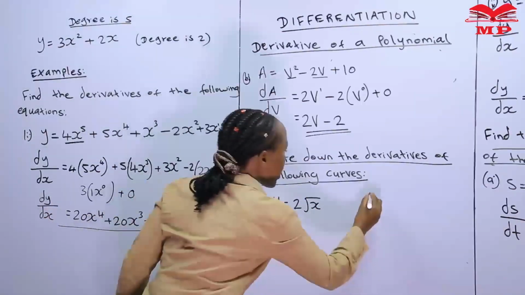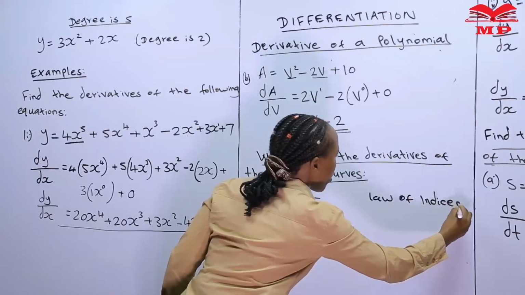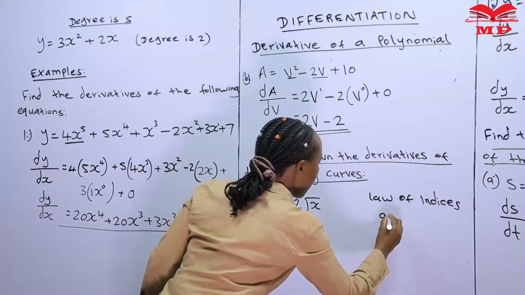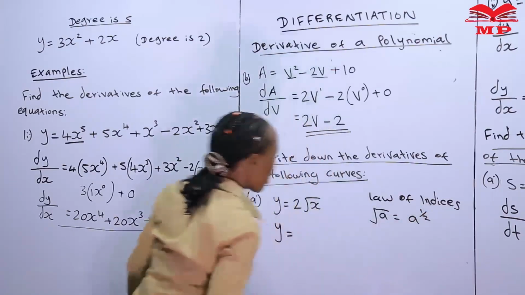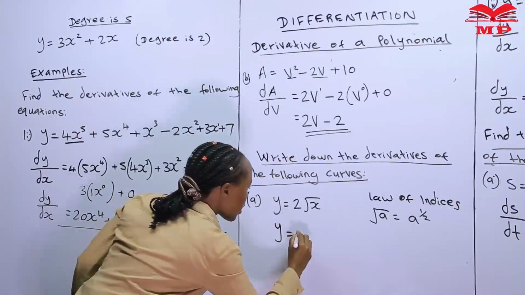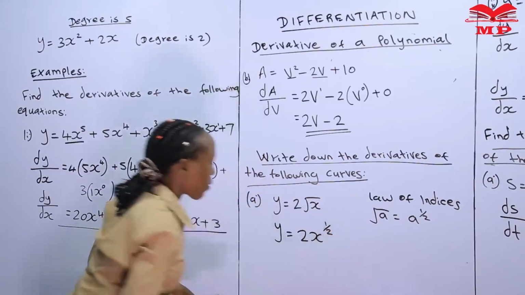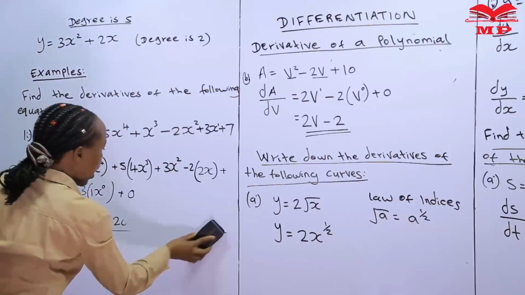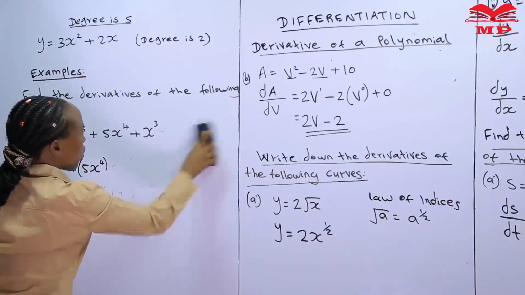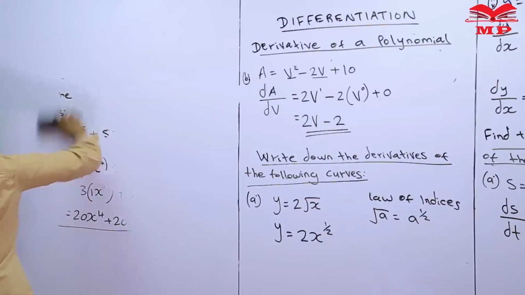From the law of indices, you learn that the square root of a is the same as a raised to power a half. Therefore, this means it is 2x raised to power a half. So we want to find the derivative of y is equal to 2x raised to power a half.